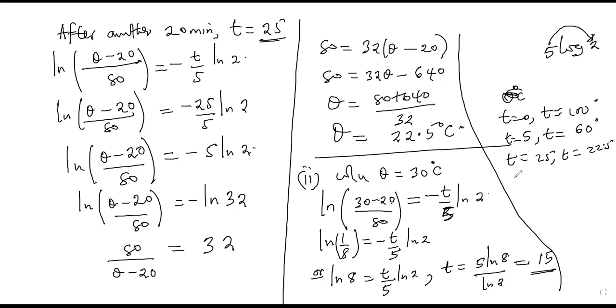Now, they want time when temperature is 30. When temperature is 30, the time will be 15. You can see that really it is working out. If you got like 20 something, I would reason you out. So you have to be careful when you're reasoning this thing out.